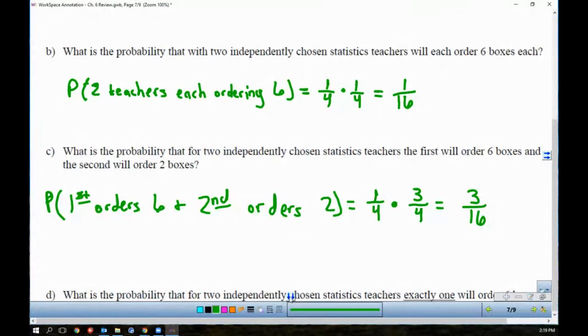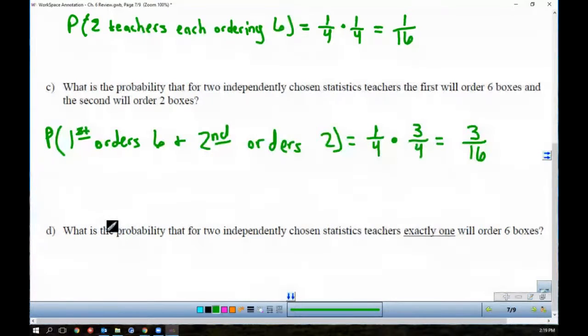Now we have part D. What's the probability that for 2 independently chosen teachers, exactly 1 will order 6 boxes? Only 1 can order 6 boxes. Well, let's see. What are the 2 ways that can happen? The first gets 6, and second gets 2. Or we could have it switched.